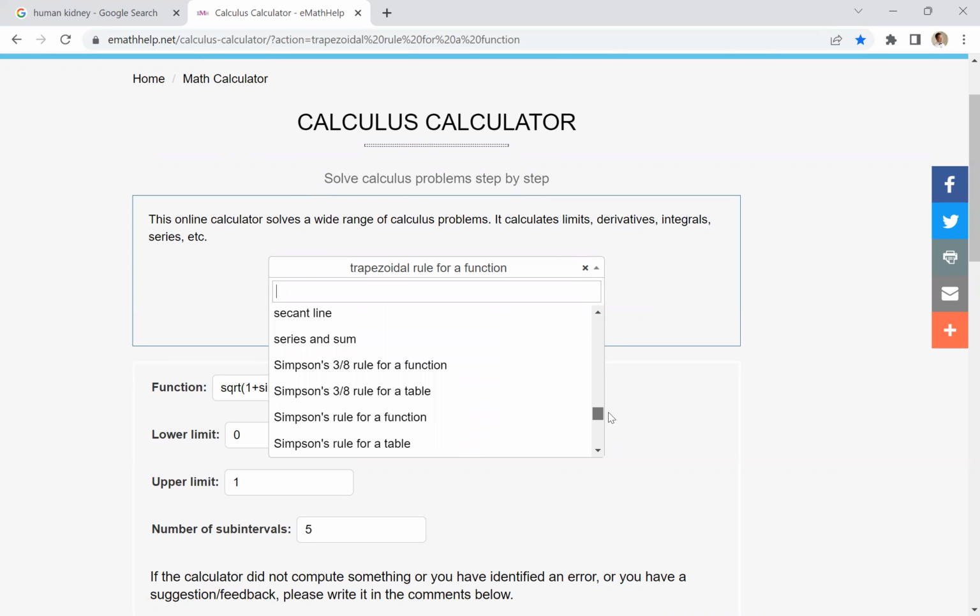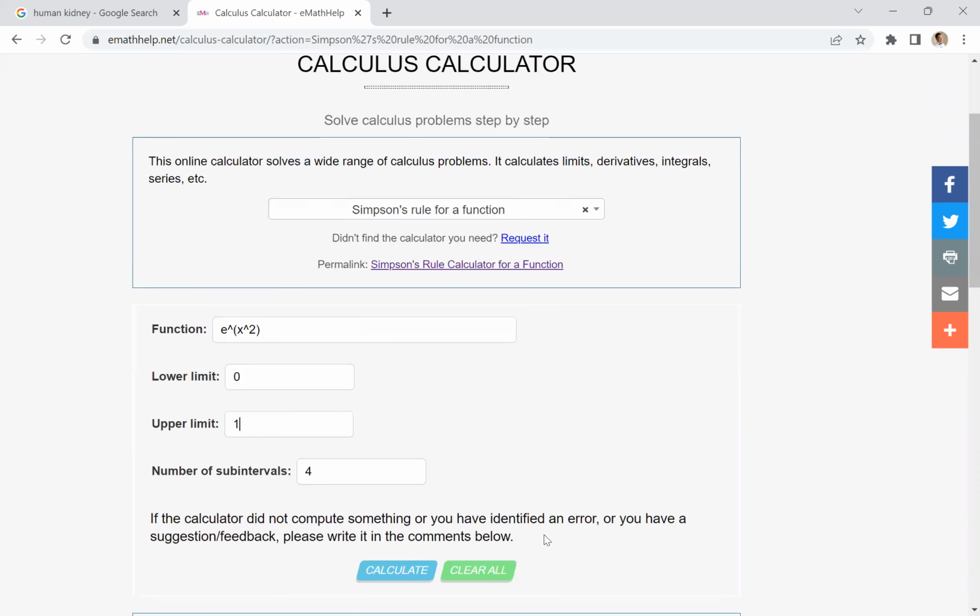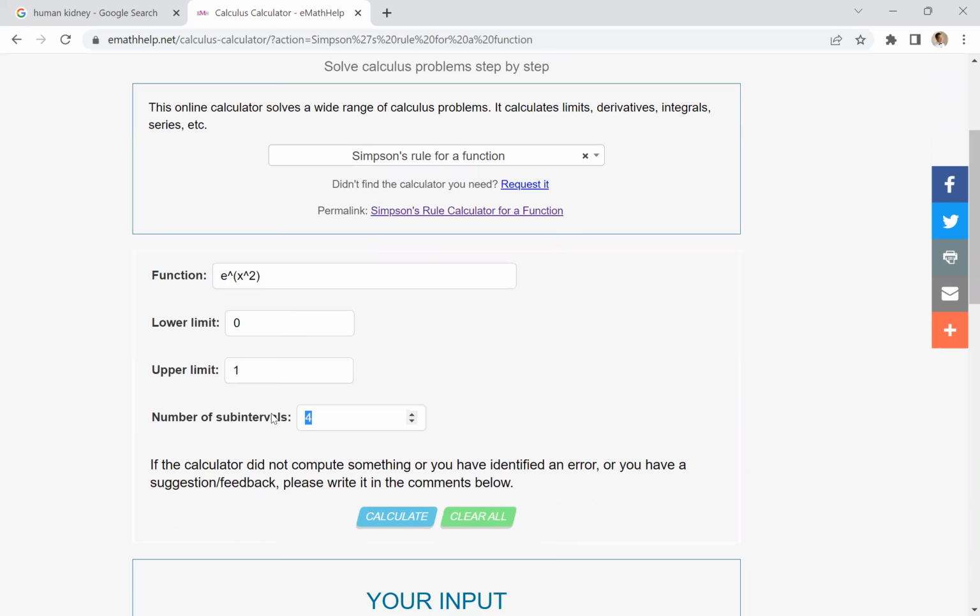Simpson Rule for a function. The function is 1 over e to the power x squared. Integrate from 0 to 1. And ta-da! We did 10.